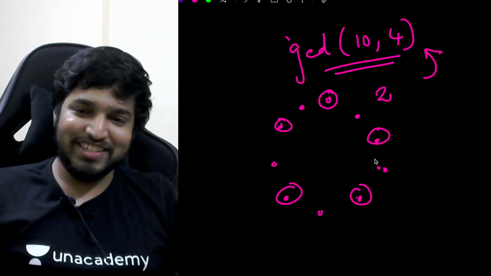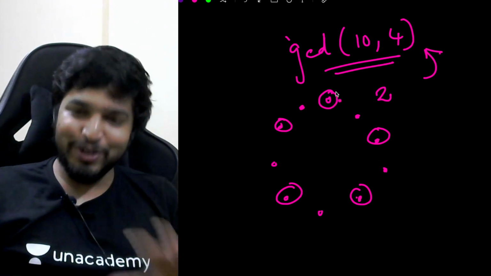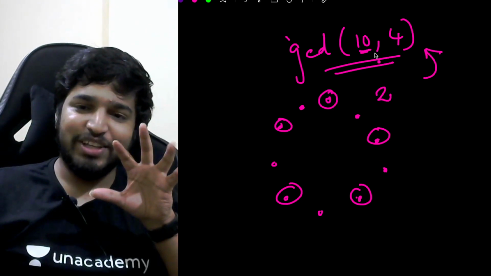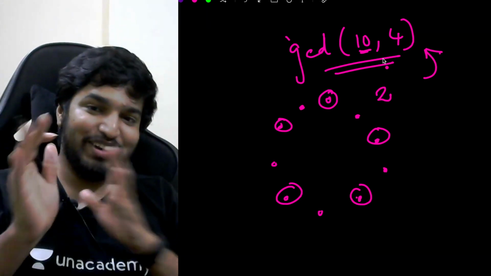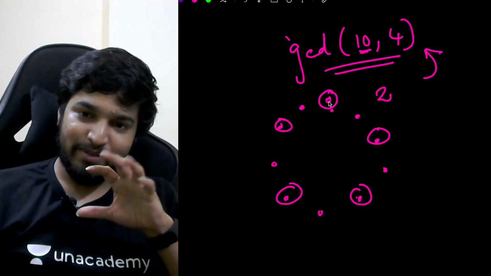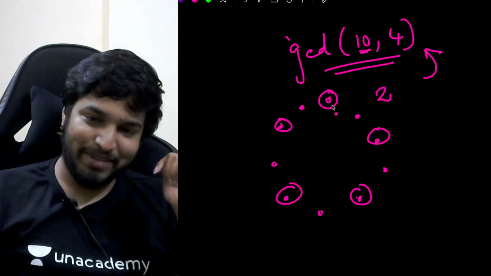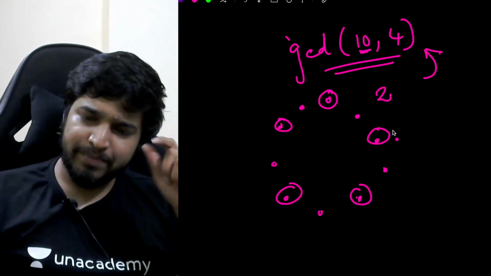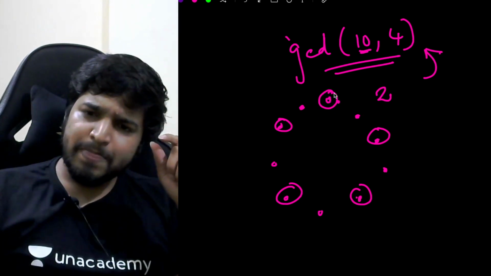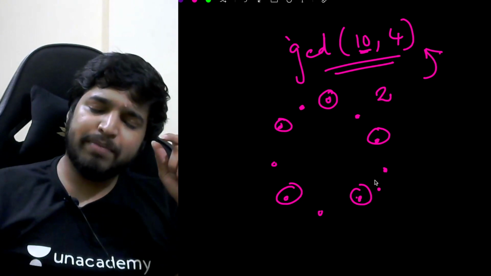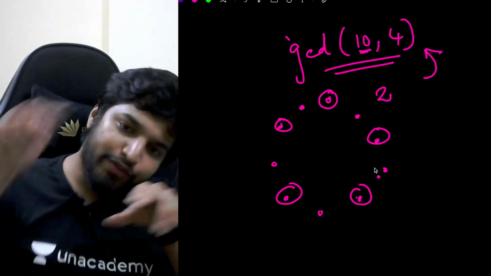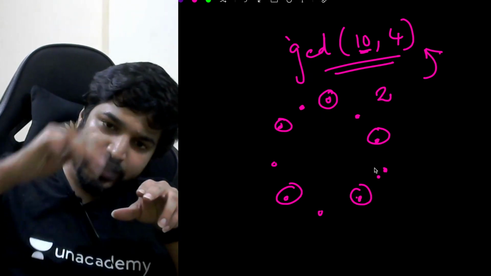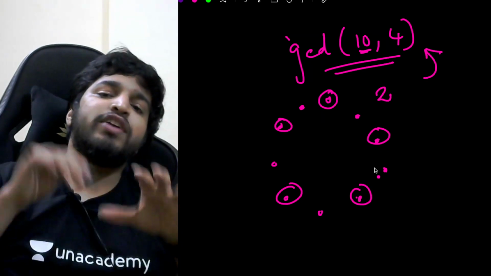And 2 is also the GCD of this. That's another way to look at GCD. You draw points equal to whichever number is higher, here 10. You can do it with the lower as well, but that's a different story. Start from the first point, skip 4 points and mark the fourth point, then mark the next fourth point again. You keep doing that till you visit an already marked point.